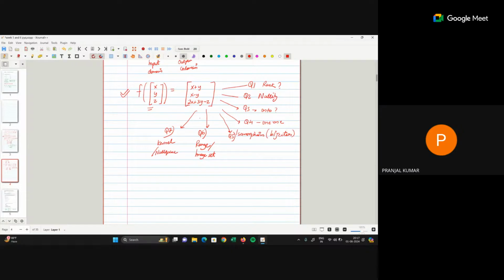Using this definition to answer all these is not feasible. You know that every linear transformation has a corresponding matrix. If you somehow get hold of this matrix, you can answer all of these at once.